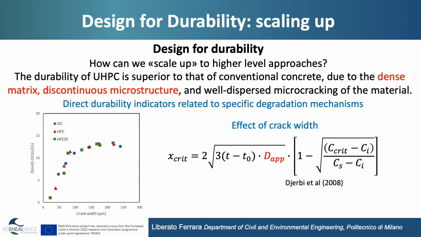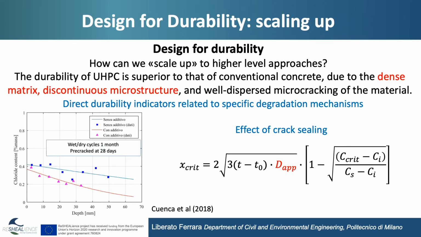We can also consider a study by Cuenca et al., published in 2018, showing that, for example, self-healing may delay the penetration of the chlorides, so it may also affect the value of the apparent diffusion coefficient that we may calibrate based, for example, on chloride titration test results. Some examples are given here.